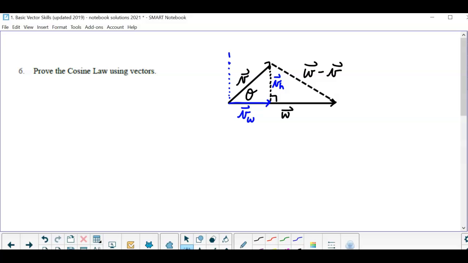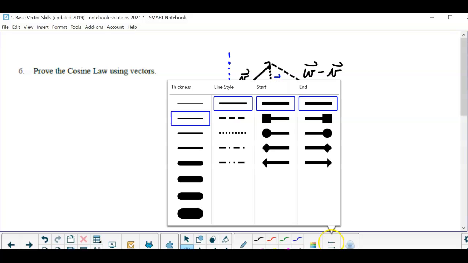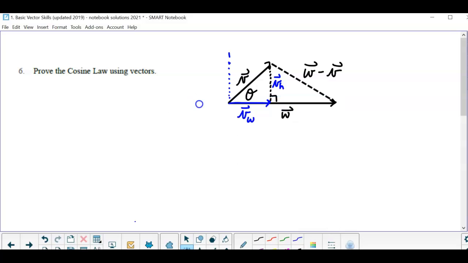So that height vector is V projected on vertical. You can call it V on the y-axis if you wanted. However you want. Now we want to get the relationship between the sides in both of those right triangles.